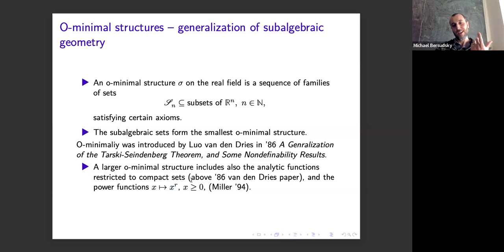It's important that we take analytic functions restricted to compact sets. For example, sets that are defined by tangents of x are also in this O-minimal structure.